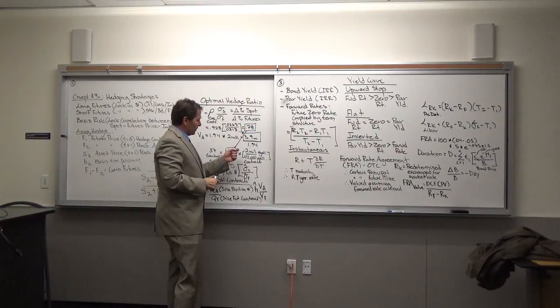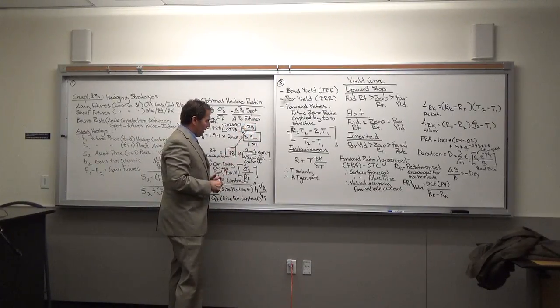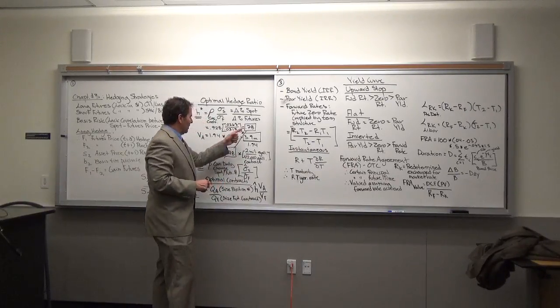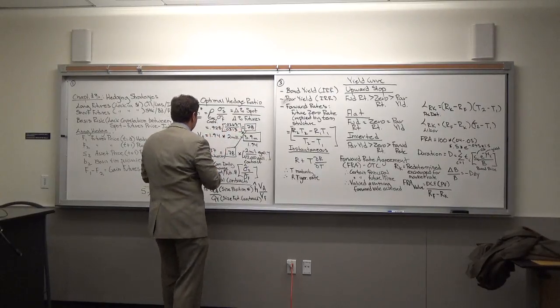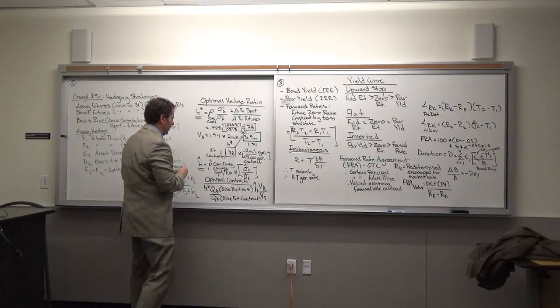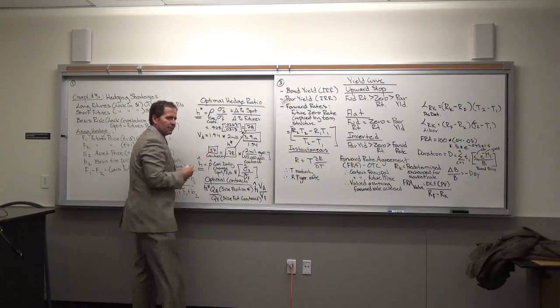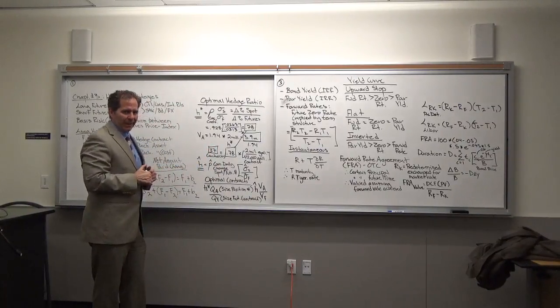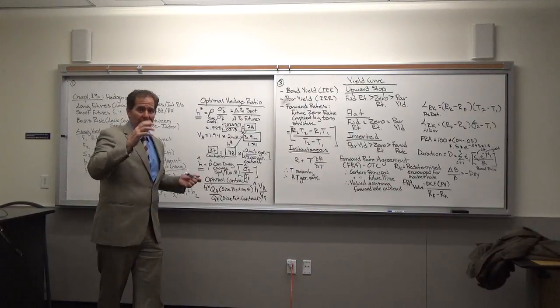So it's the total gallons you're trying to hedge, divided by the number of gallons per contract, times the hedge ratio. It's going to give you the number of contracts you need to buy to be able to hedge that total exposure.